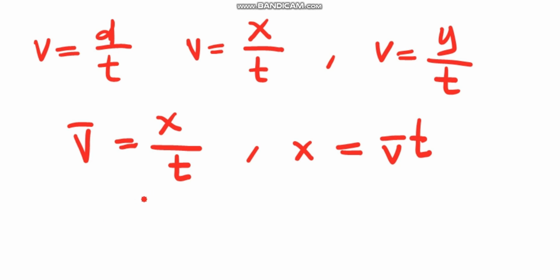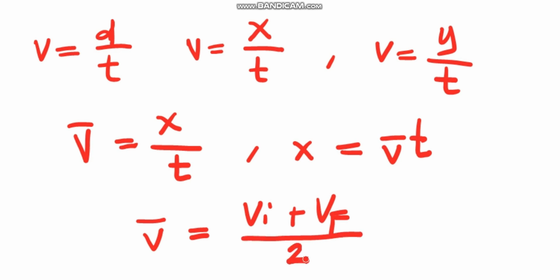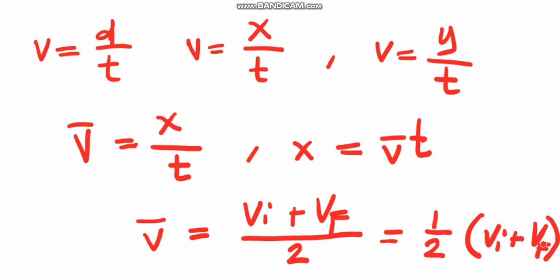Now, how do we get the average of two quantities? For example, average velocity, and we have two velocities, initial velocity and final velocity. Therefore, the average velocity is just adding the initial velocity plus final velocity all over 2, or 1/2 times the quantity v initial plus v final.